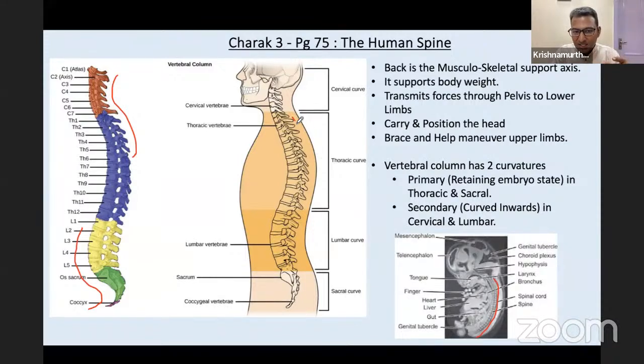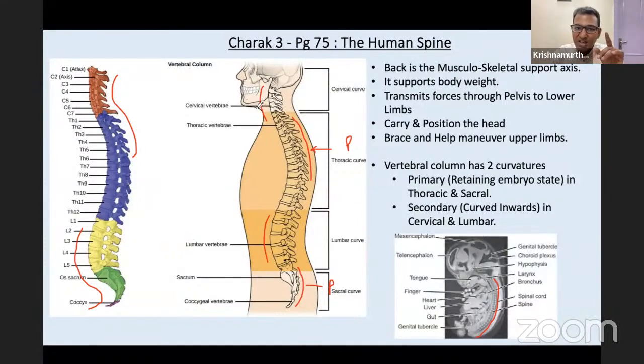Say this curvature is existing while the baby is in the womb. And this curvature is also there. So these are called as primary curvature. This curvature is added later. And this curvature is added later.